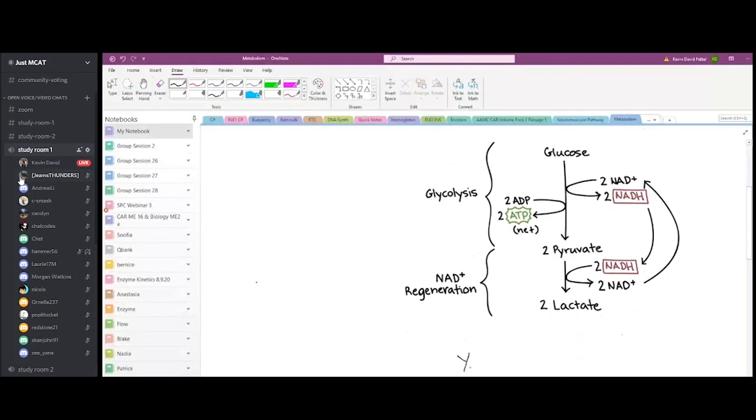Yeast can also go through this, right? And yeast, instead of producing lactate, what does yeast produce? Let me actually back up just a little bit. We use yeast to make bread, and we use yeast to make beer or alcohol, right? So what kind of alcohol does yeast produce?